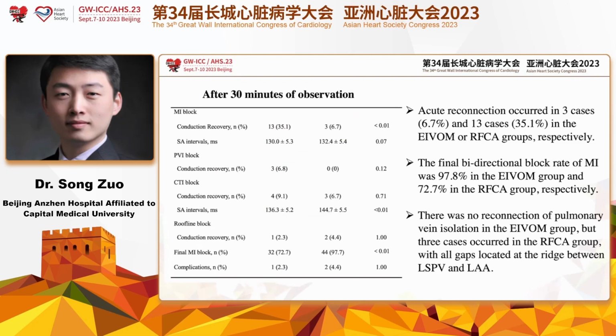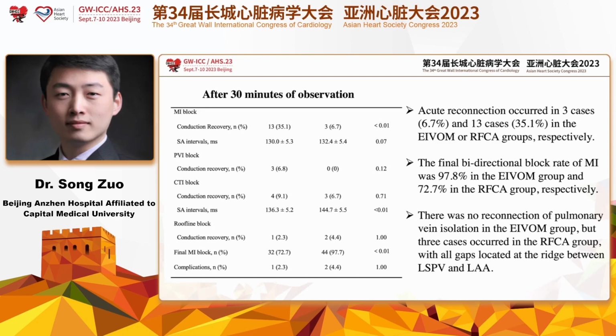After 30 minutes of observation, acute reconnection occurred in 3 cases, about 6.7%, and 13 cases, about 35%, in the EIVOM or RFCA group respectively. The final bidirectional block rate of the mitral isthmus was 97.8% in the EIVOM group and 72% in the RFCA group respectively.